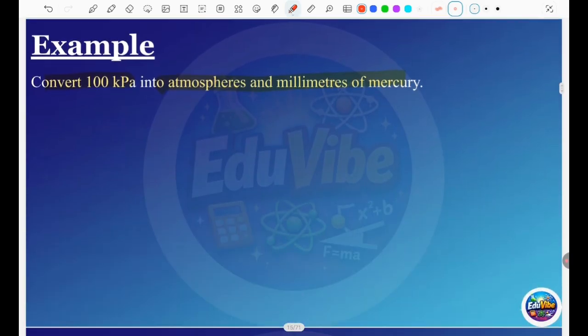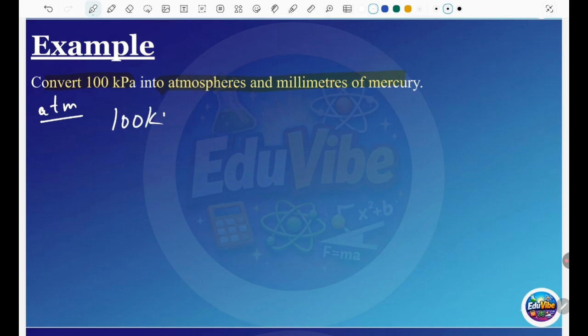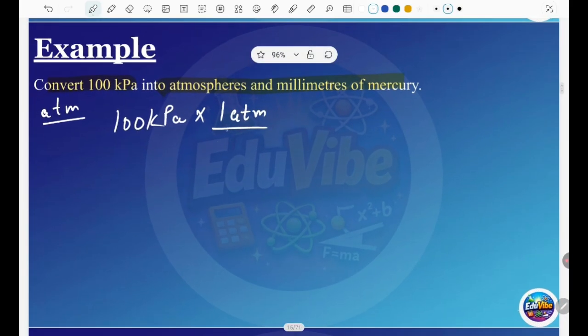So how can you do this? We have 100 kPa, and we have to multiply it by a ratio. We want the units in atm, and we have to cancel the kPa. We know that 1 atm is 101.325 kPa.